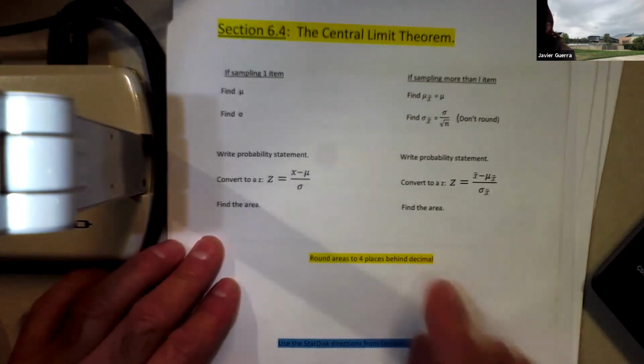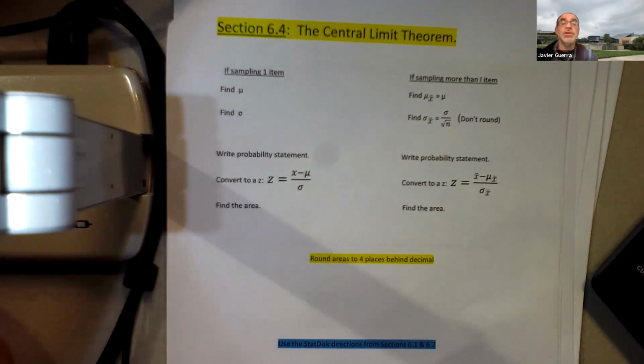Does anyone need this paper? I can send it to y'all again. That was the chapter 6. Does anyone need it? I can send it through the chat again in case you did not. Let me send it to y'all again one more time. I have it here somewhere. This is taking forever.